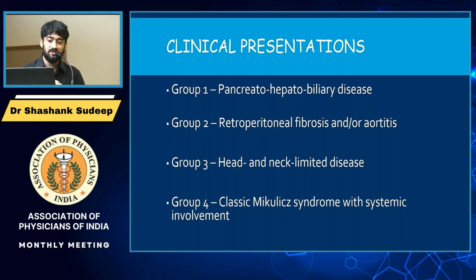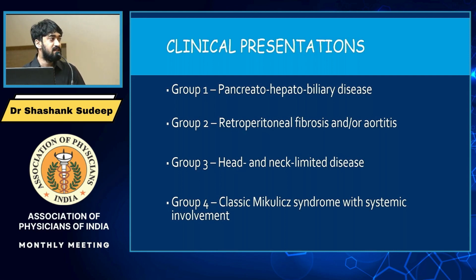The other groups would be pancreatico-hepatobiliary disease or autoimmune pancreatitis, which is likely the most common presentation of IgG4 related disease, and head and neck limited disease like orbital pseudotumors, thyroiditis, and the classic Mikulicz syndrome, which is salivary and lacrimal gland involvement with systemic involvement.